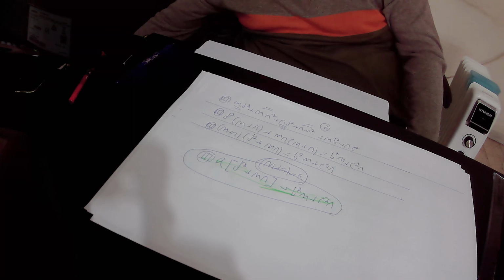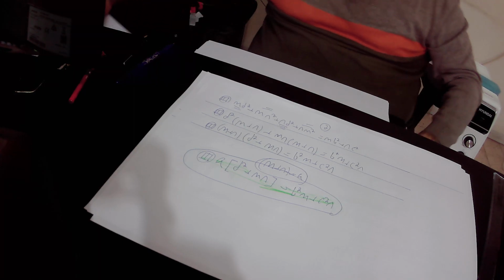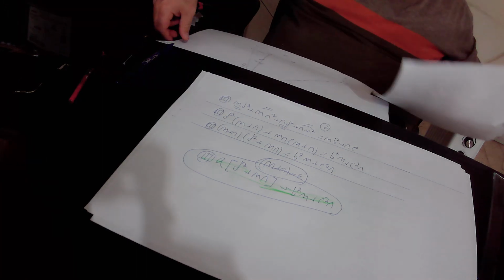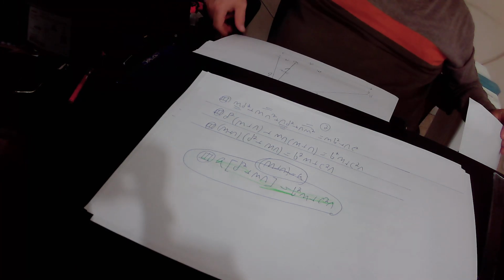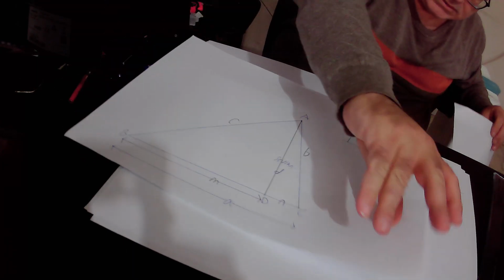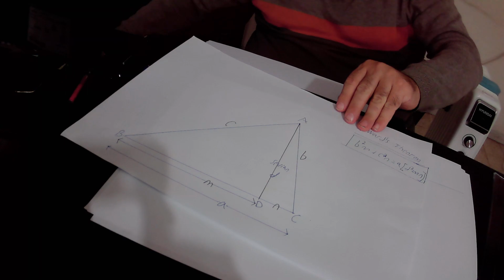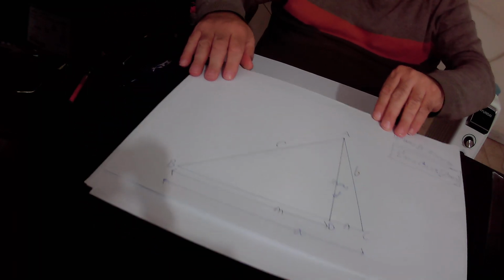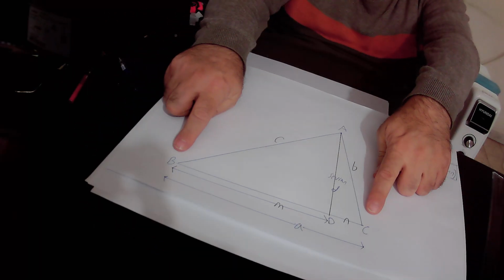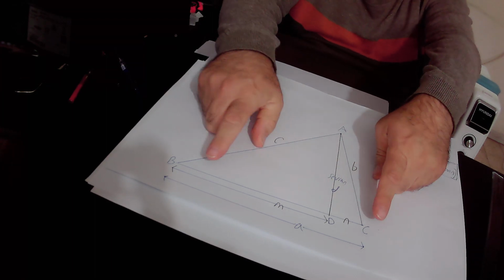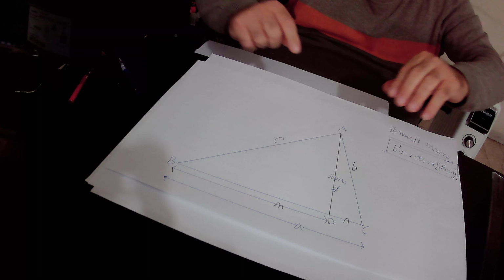And I've already shown you that m plus n equals a. From the drawings it's very easy to see that from one side BC equals m plus n, from the other side BC equals a, therefore m plus n equals a.